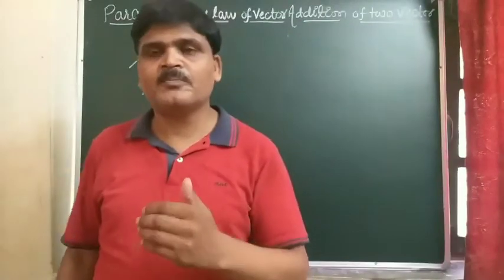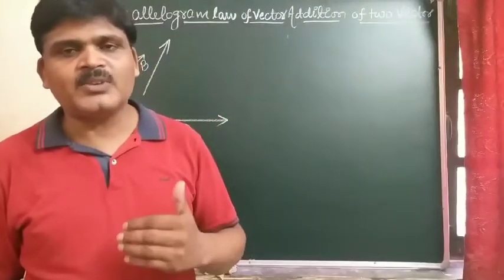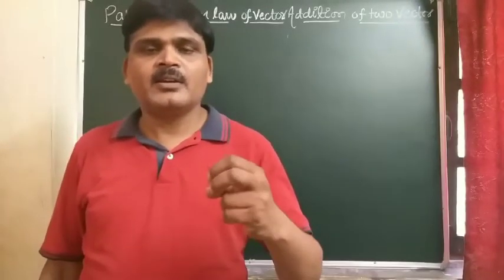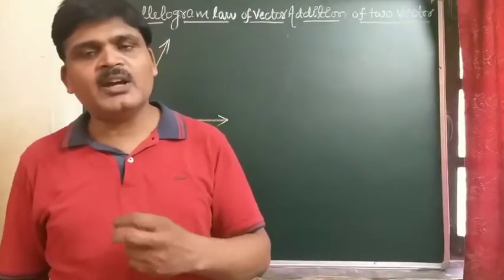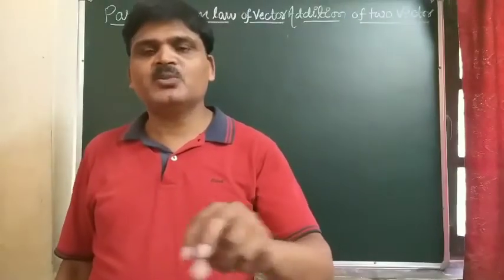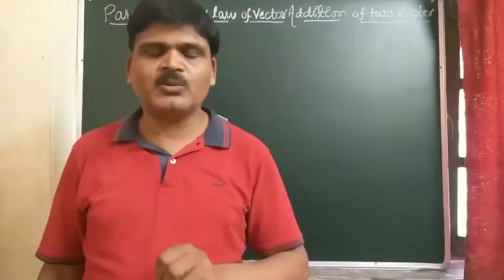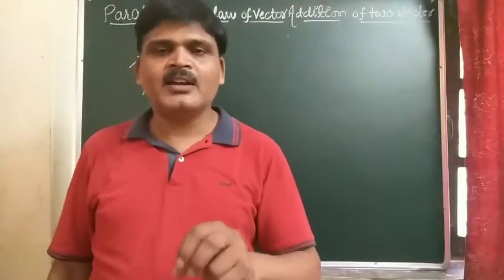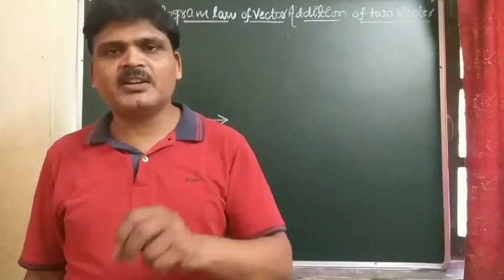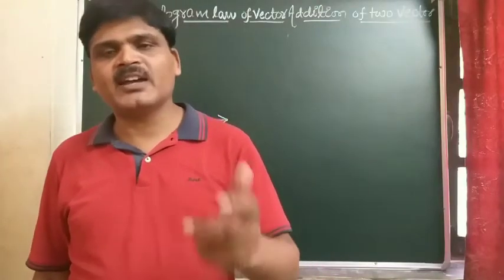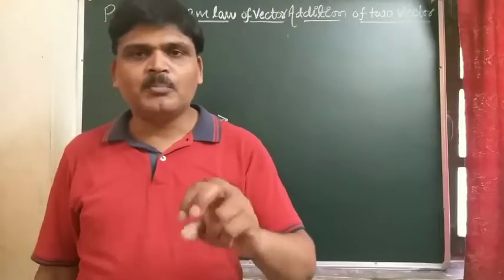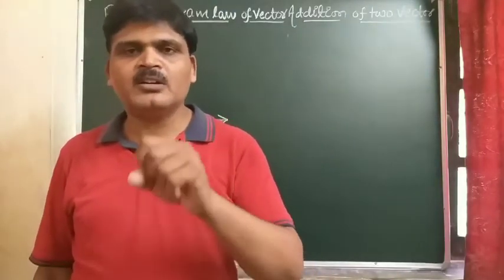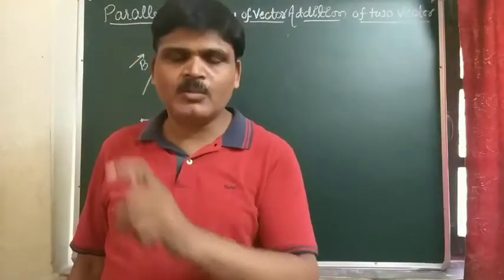The statement of this parallelogram law of vector addition is that if two vectors can be represented both in magnitude and direction by the two adjacent sides of a parallelogram drawn from a common point, then their resultant is completely represented both in magnitude and direction by the diagonal of the parallelogram drawn from the same point, that is, the common point.